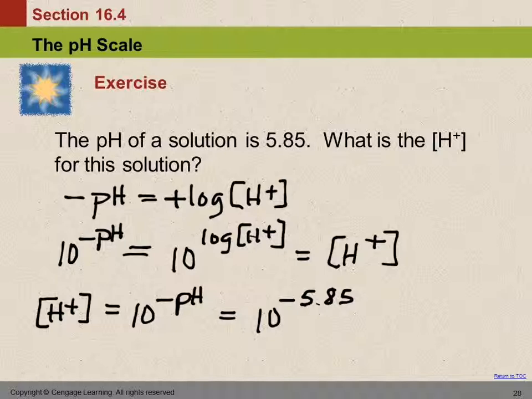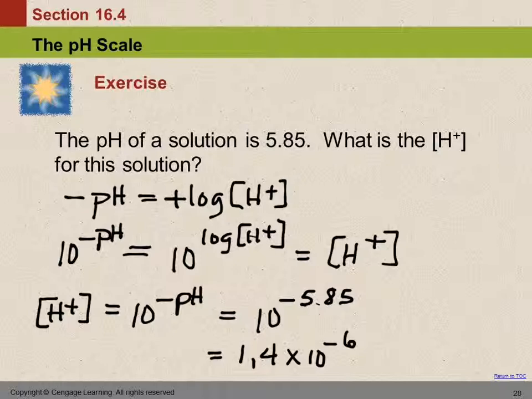Depending on how your calculator works, on mine, I have a TI-30XA, I put the number in first, so I enter 5.85. I change the sign and make it negative, and then I press the 10 to the x button. And the number it gives me is 1.4 times 10 to the negative 6.